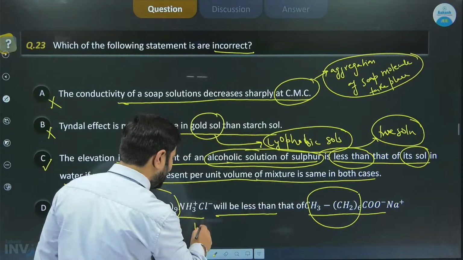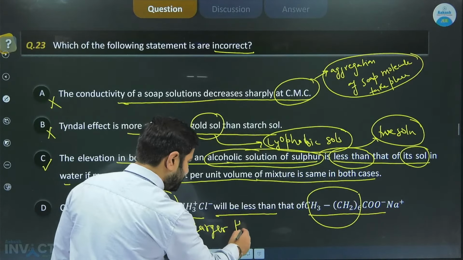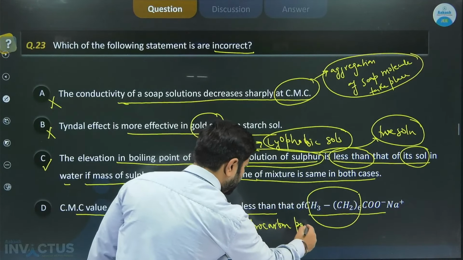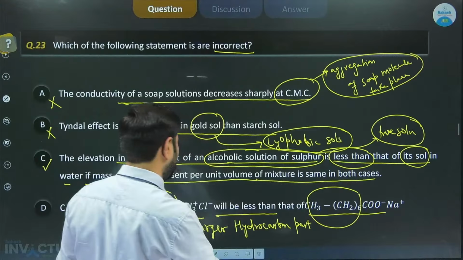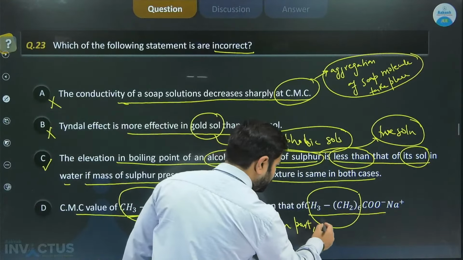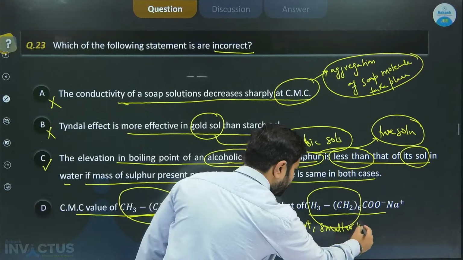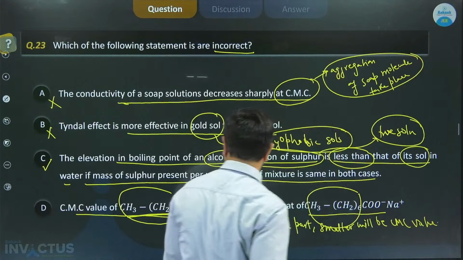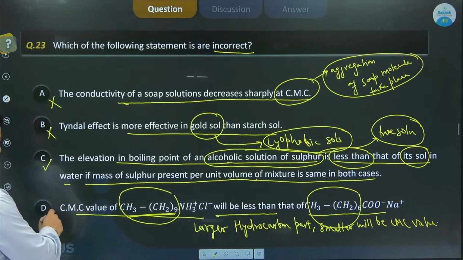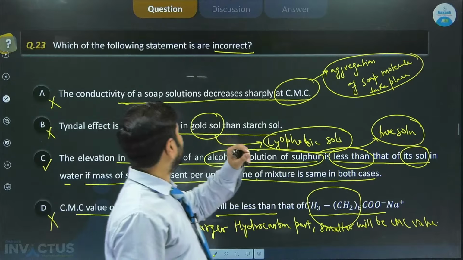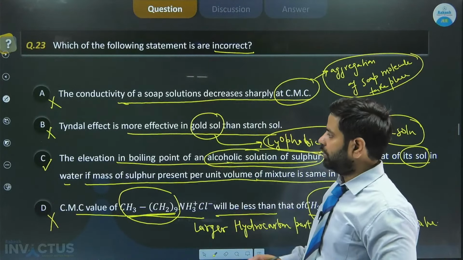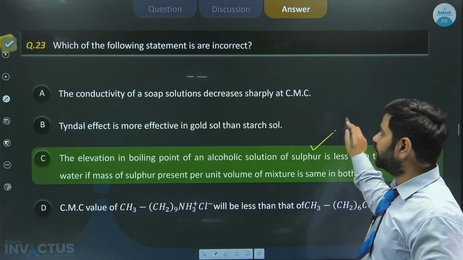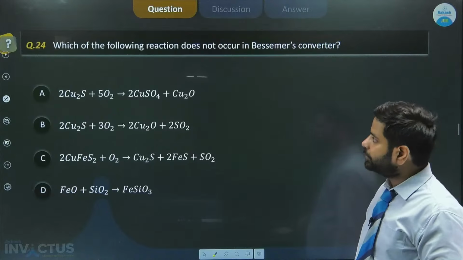The larger the hydrocarbon part, the smaller will be the CMC value. So it is again a correct statement. This question has only one correct option, so let's check the answer. Yes, C is given. Let's move on to the next question.